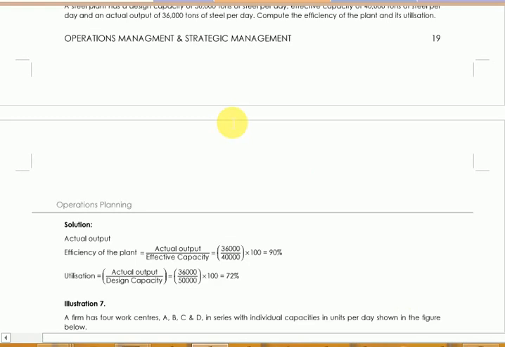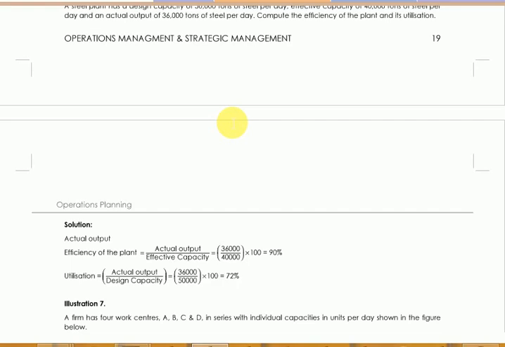What meaning can be interpreted from these two values, that is 90% efficiency and utilization of 72%? The plant is operating at 90% of its efficiency, so only 10% is lagging. So we can say that the plant is operated very efficiently as compared to what is expected. And if we try to understand the utilization percentage, it is also quite satisfactory.